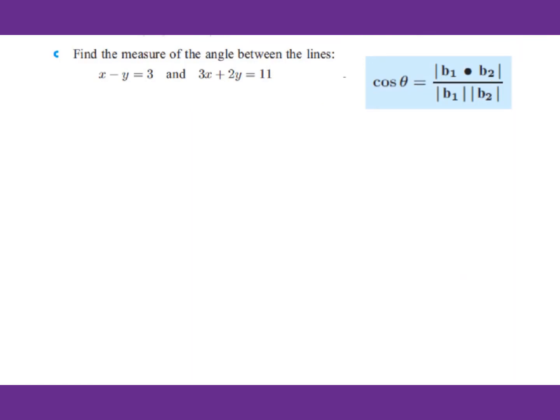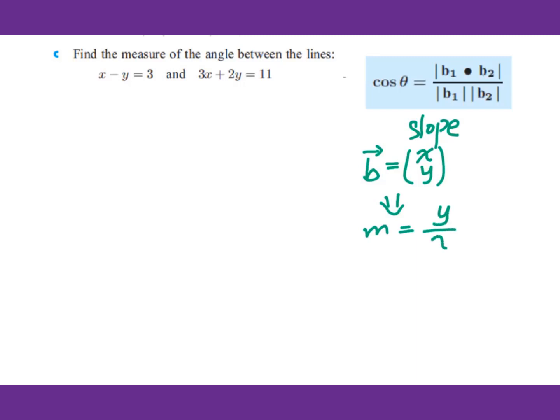Now let's go to C. Find the measure of the angle between the lines. We are given these two linear functions. We need to figure out the direction vector. The direction vector is related to the slope. If I have a direction vector (x, y), the slope equals y over x.